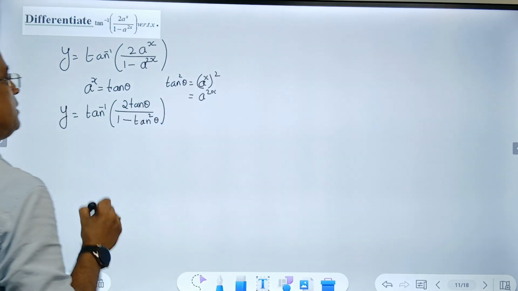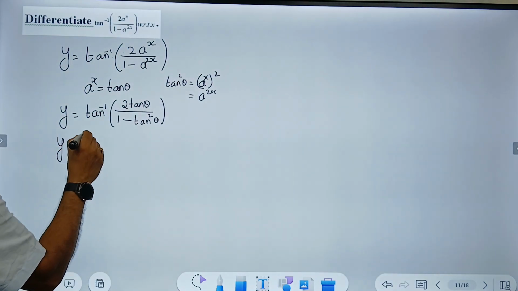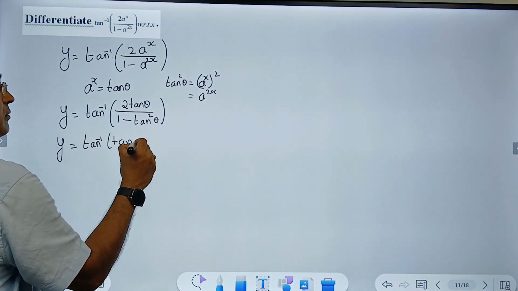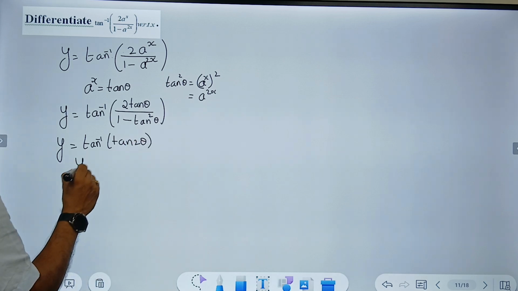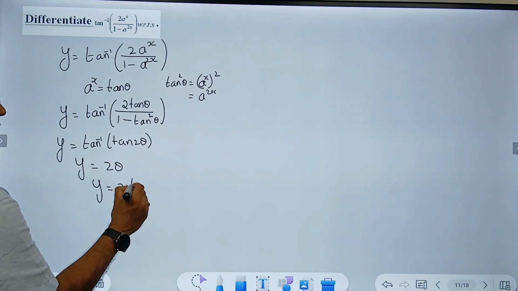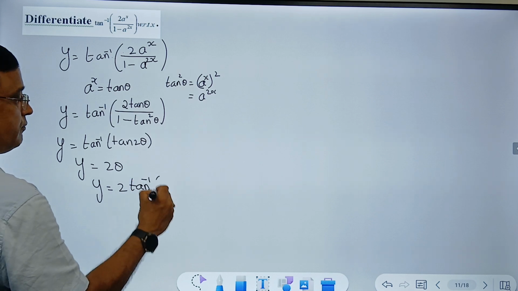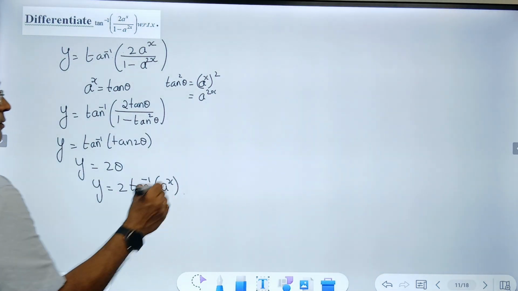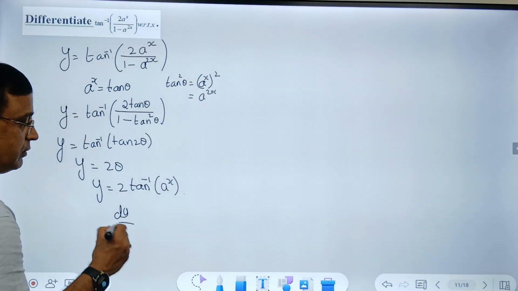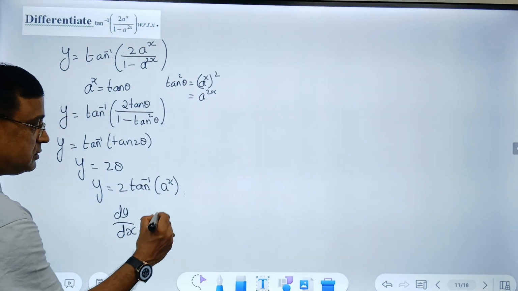Okay. So this is a very familiar formula to me. This is nothing but tan 2 theta. Tan inverse of tan 2 theta is 2 theta. And what is theta? Tan inverse of a power x. So what is dy by dx? Watch out, be careful. 2 is a constant.